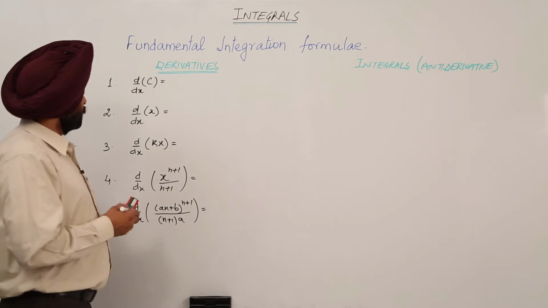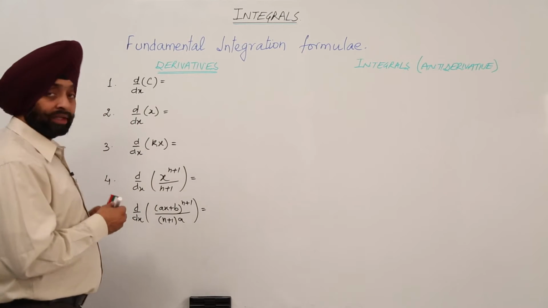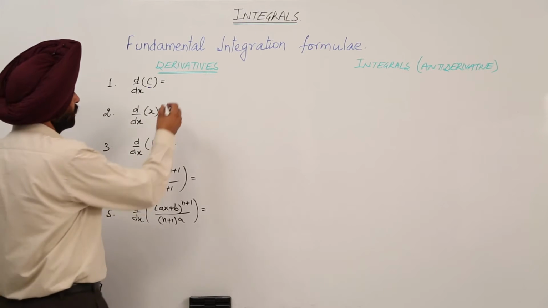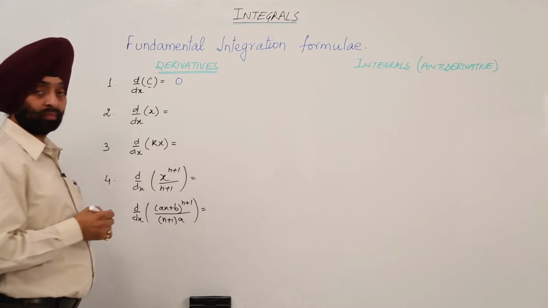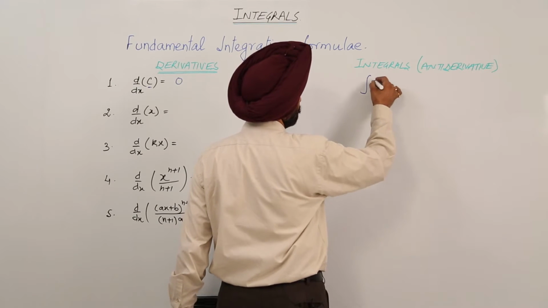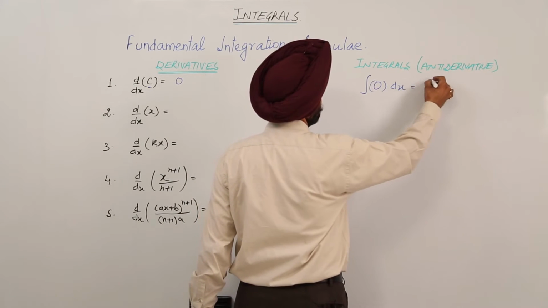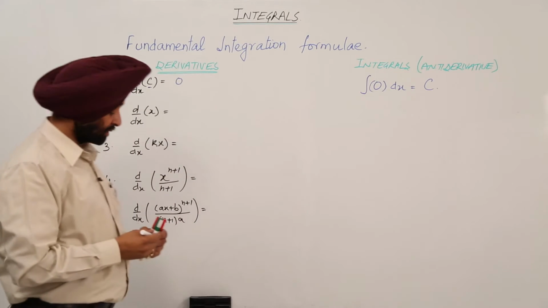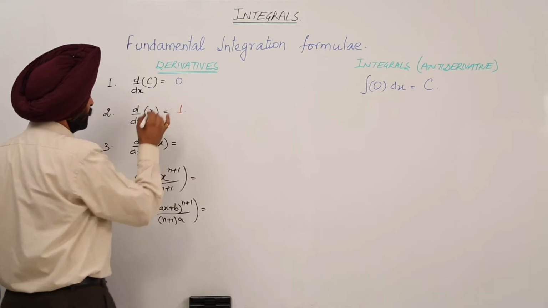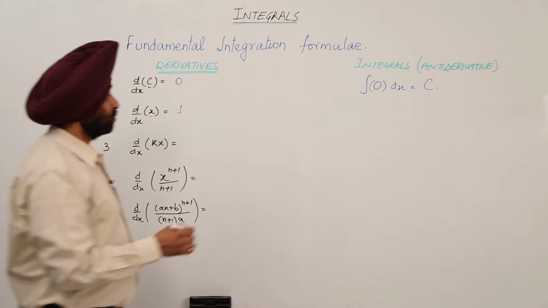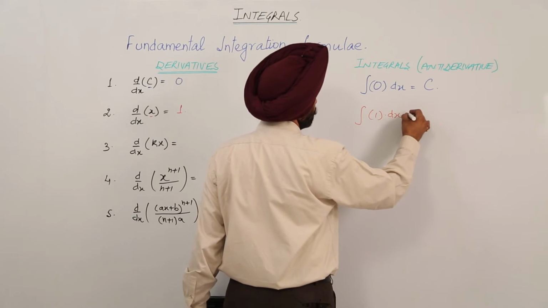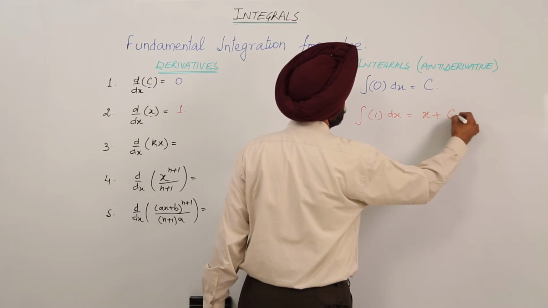First, d by dx of a constant c is 0, as we know. So the integration of 0 with dx is capital C. Second, d by dx of x is 1, so the integration of 1 with dx is always x plus c.